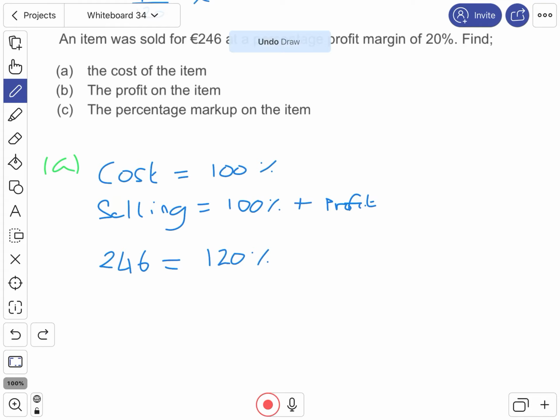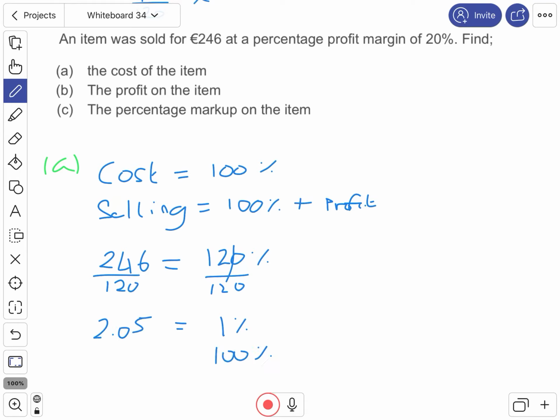Now, what we were doing before is dividing by 120, dividing by the percentage, so that I could find what 1% was. And when I put that in the calculator, I'm getting 2.05. That's 1%. Multiply that by 100 gives me €205.